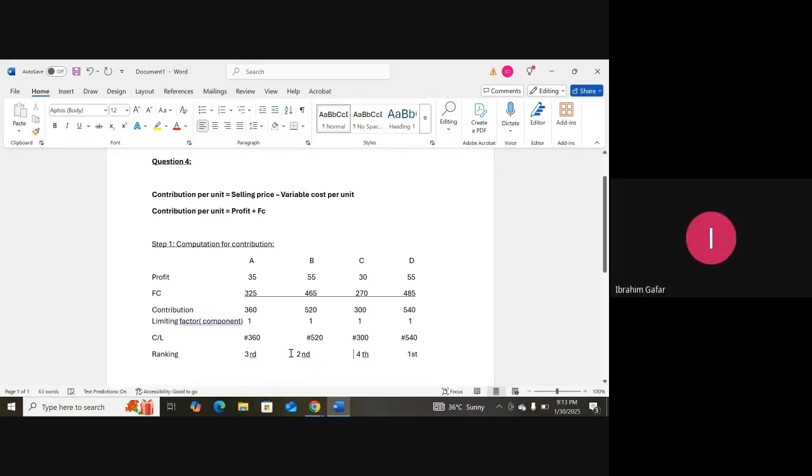Are we good to go now? Yes, sir. So now we can move to how we are going to allocate. After ranking it, you cannot think of what? Allocation.